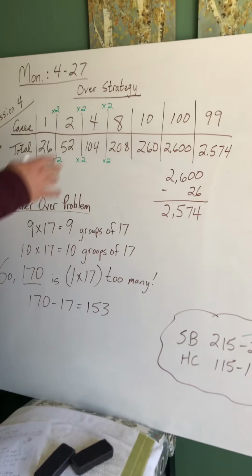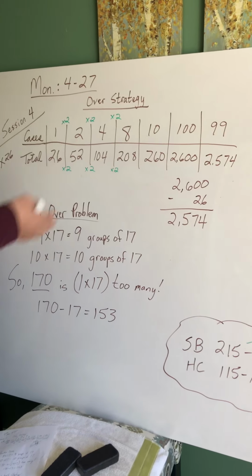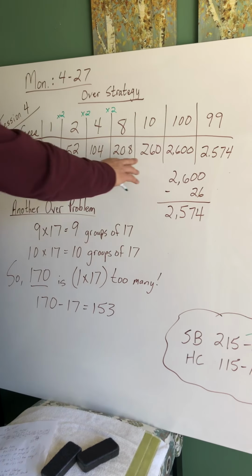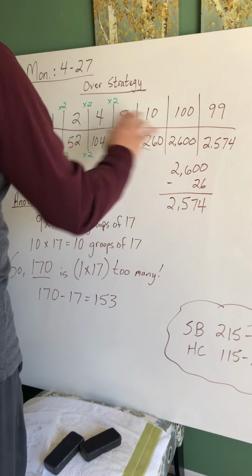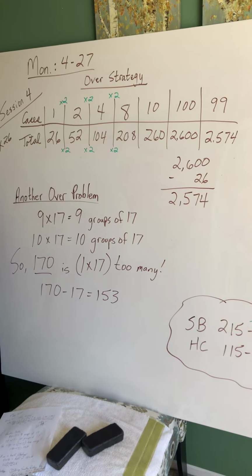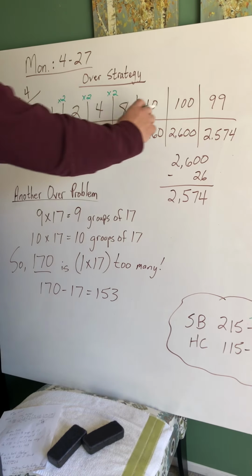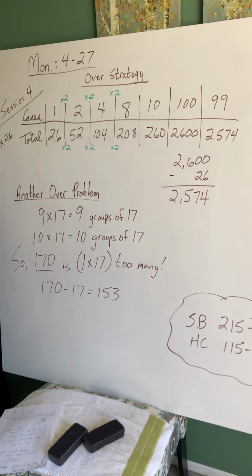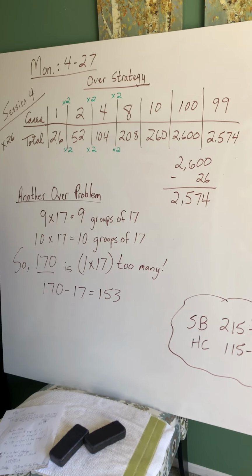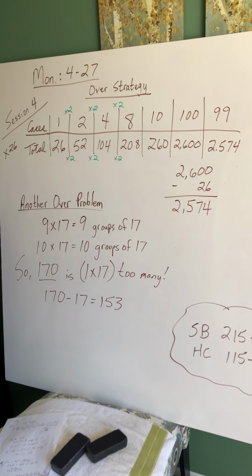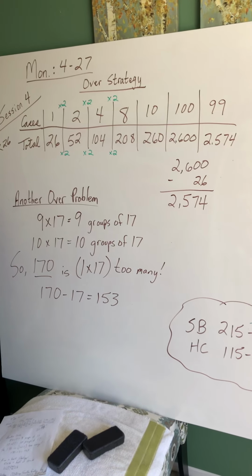And then they jump to 10, which you guys can do, 10 times 26 is 260. And then they do 100 cases of water, that's 2,600 water bottles. And then they drop back down to 99 because, I think most of the fourth grade teachers, we've touched on this before. It's the over strategy.